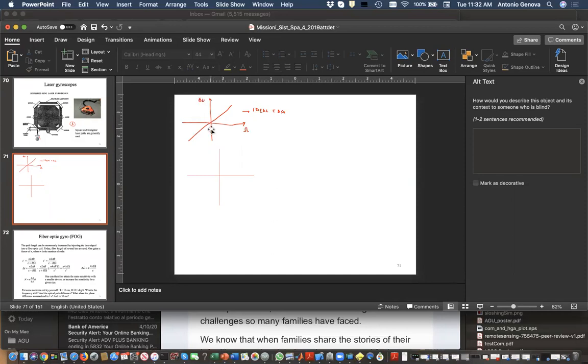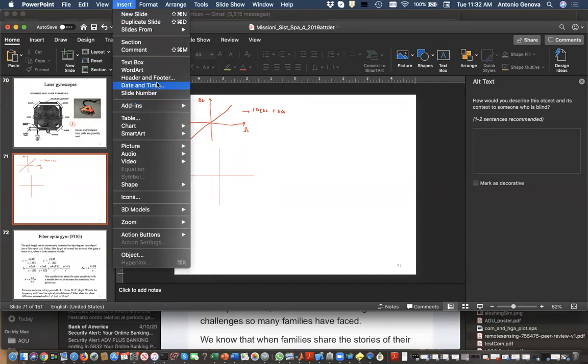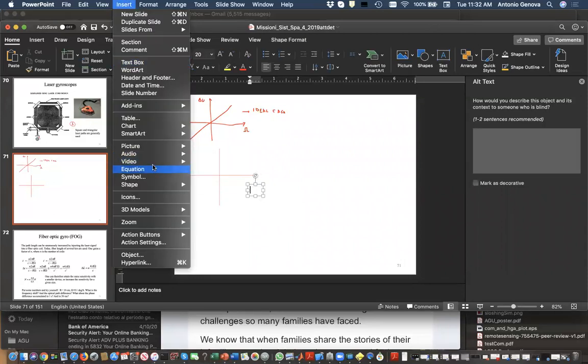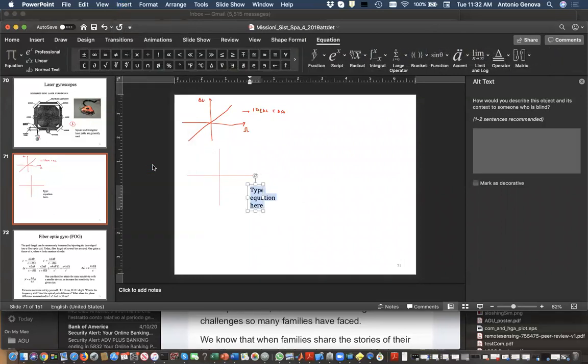One problem that you can have, for example, so let me insert a text box here, and so this will be omega, and this will be delta n.